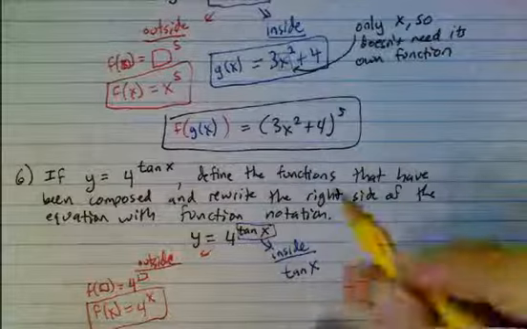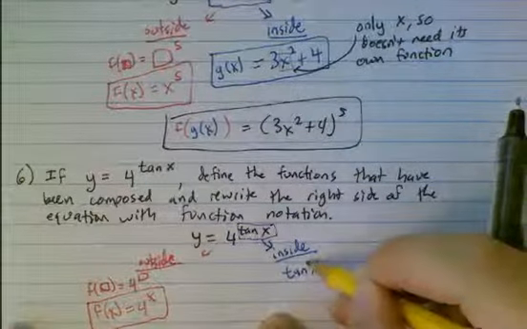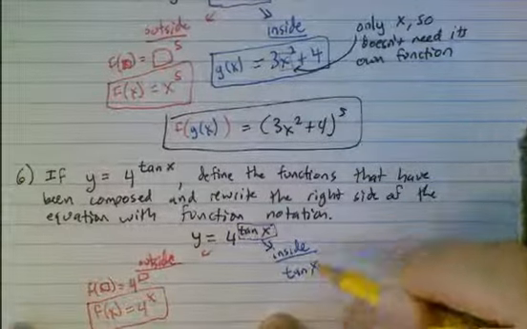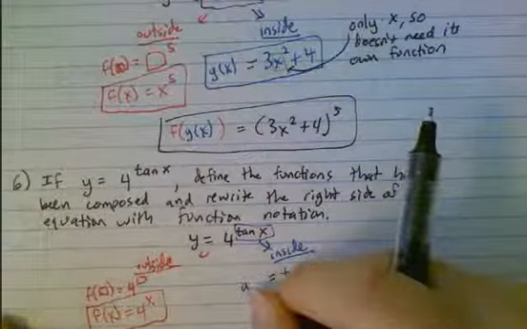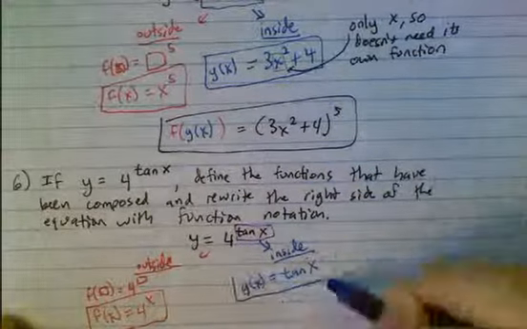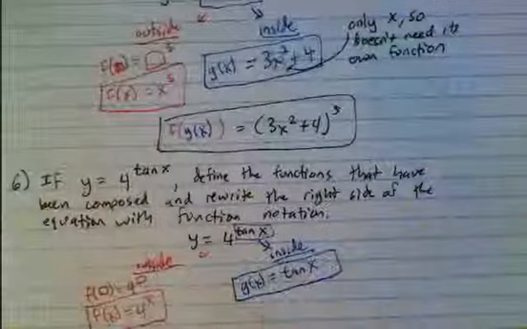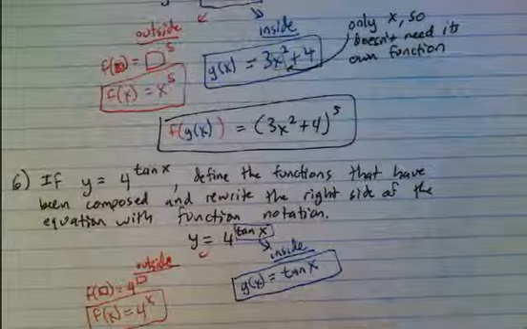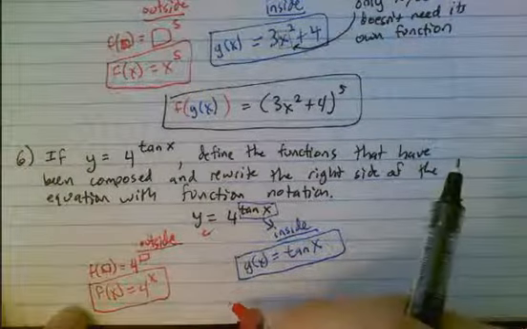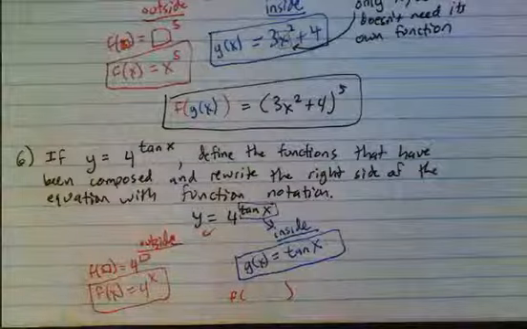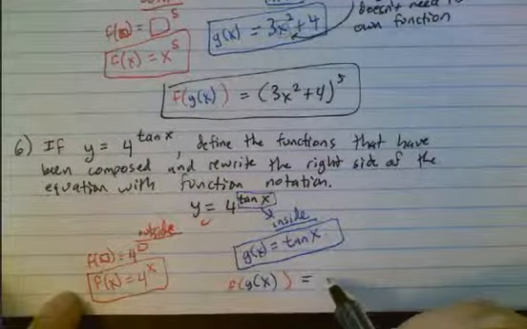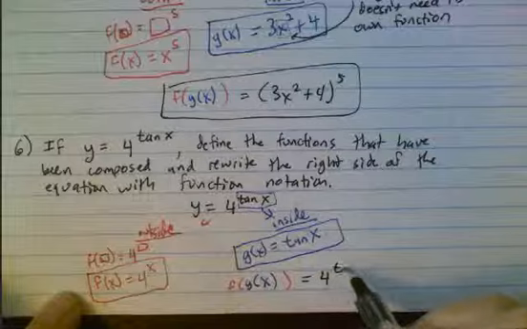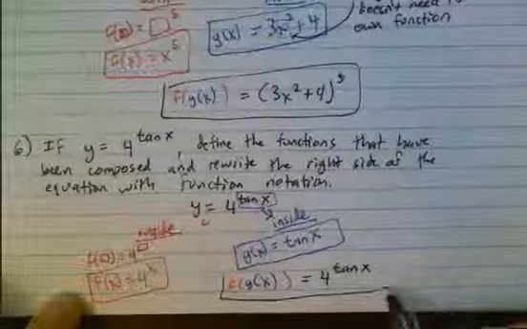Now notice that we do have a box function here, but only x is inside it, so we don't need our own function. We can just stop there. That can be g of x. And once again, we have f of g of x equals 4 to the tangent of x.